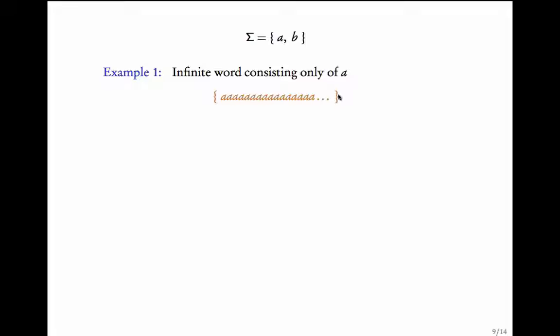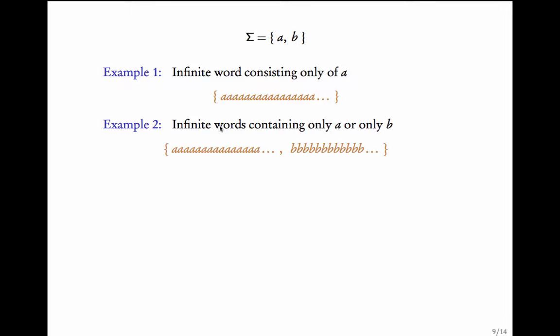There is no length. This is not bounded by say 100 or 200, nothing. For every natural number, which is the position, there is an A. And the language is just the singleton, the single word consisting of infinitely many A's. This is one language of infinite words.